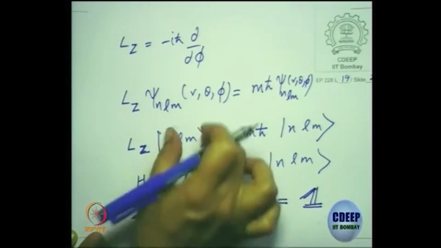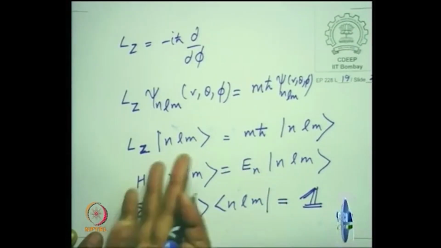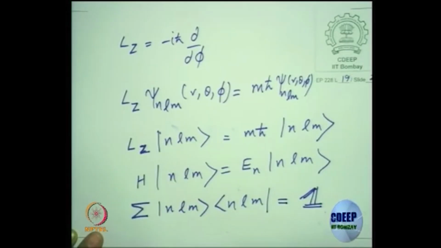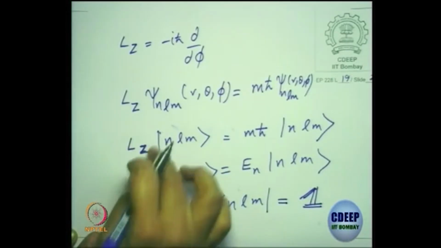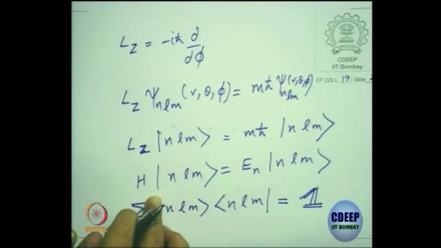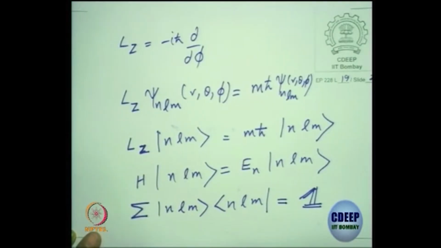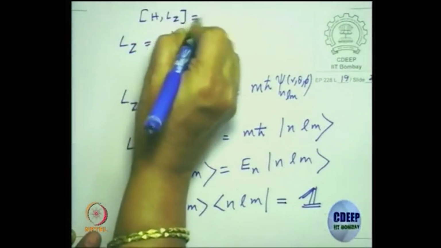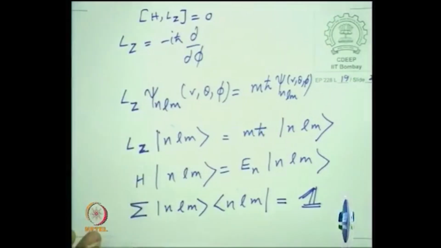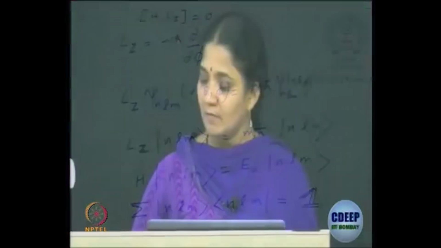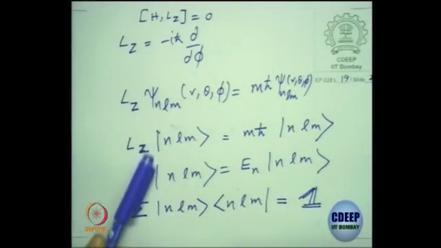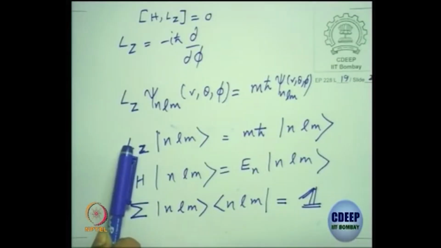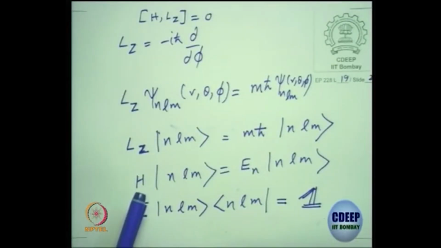So if this is valid for all the states, it is true for any arbitrary state I have written. What can you compare from here? Are they compatible or not compatible? They are compatible observables. Hamiltonian commutes with LZ and they share the simultaneous eigenstates. It's a simultaneous eigenstate of both LZ and H, the Hamiltonian, a complete set.